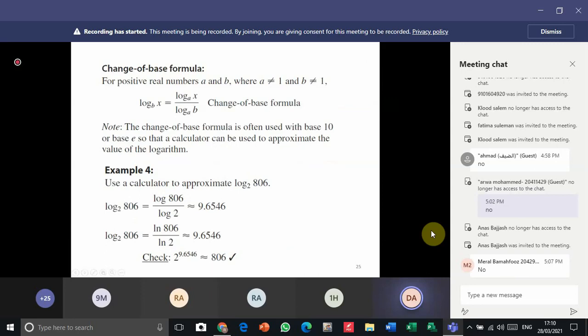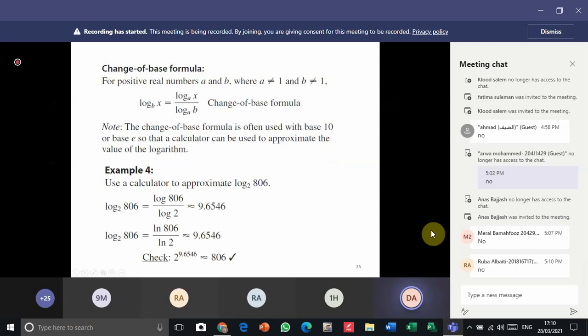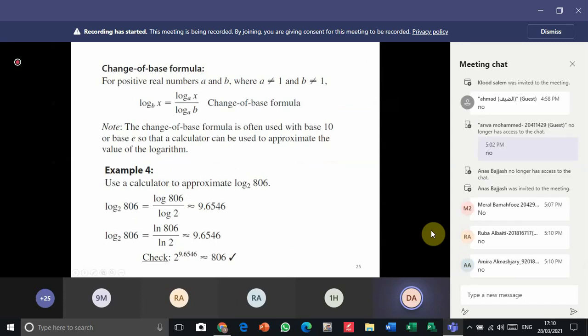Now, if we need to change the base, we can put log x and log b with a new base. So, for example, logarithm of 5 to base 3. We can write this as log of 5 to base 10 over log of 3 to base 10.